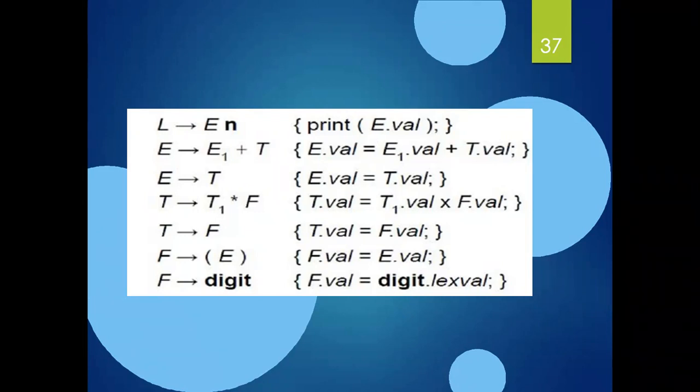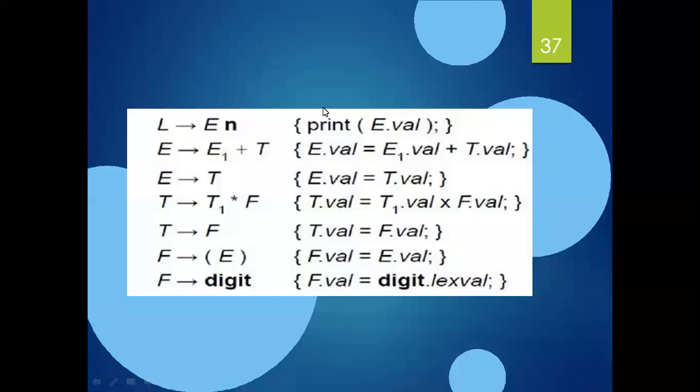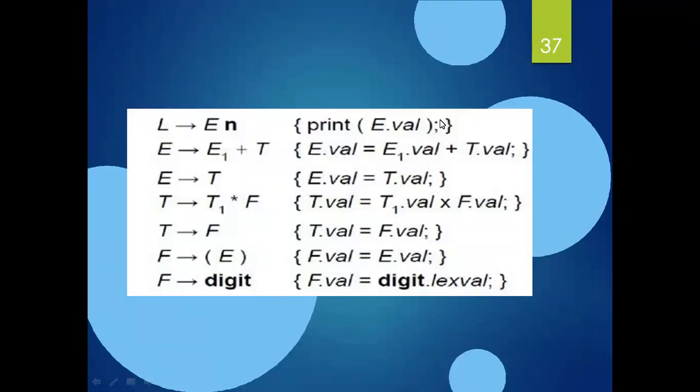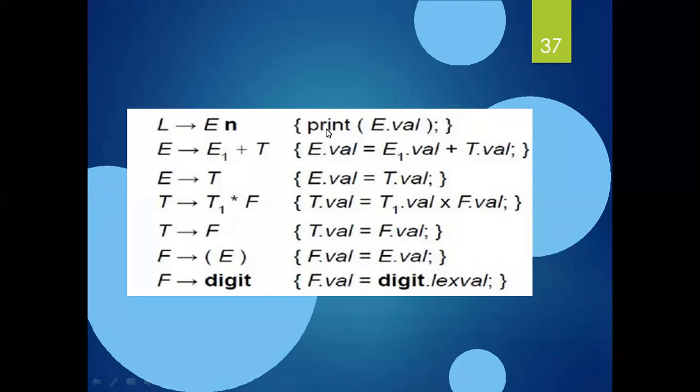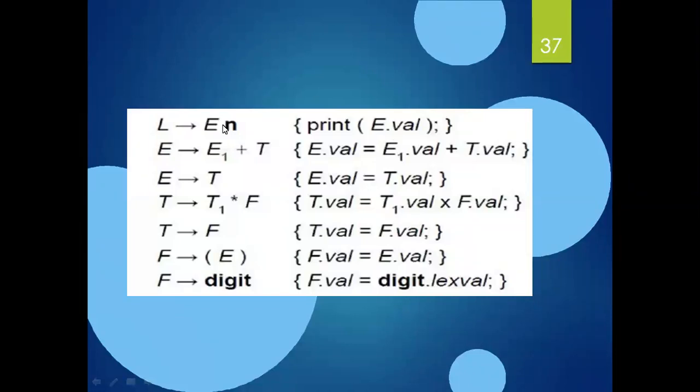But whatever we did, defining the attributes for the nodes, all of these are synthesized attributes as they are. Nothing differs. The only difference is that we are placing braces like this. That means we are enclosing the semantic action for the production rule, right?